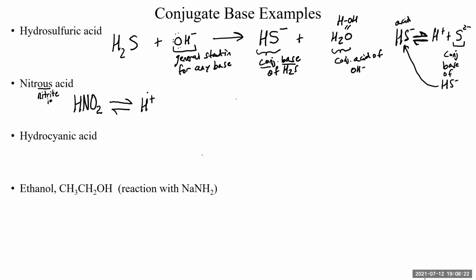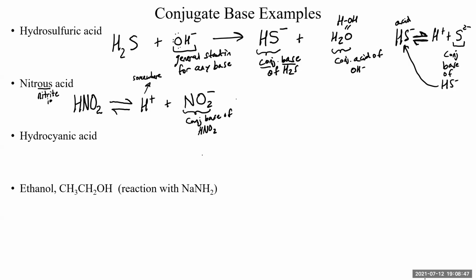It doesn't really matter to us where it goes. That's not really the point of our discussion. And what's left is the conjugate base, the nitrite ion. This is our conjugate base of nitrous acid.